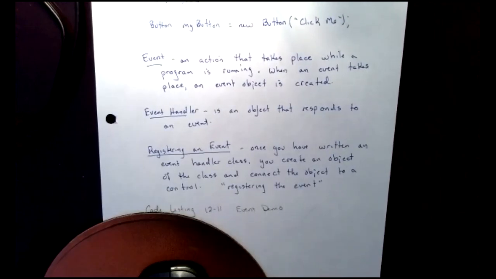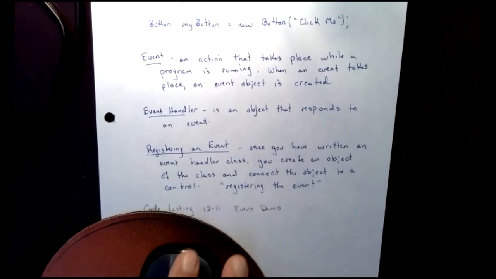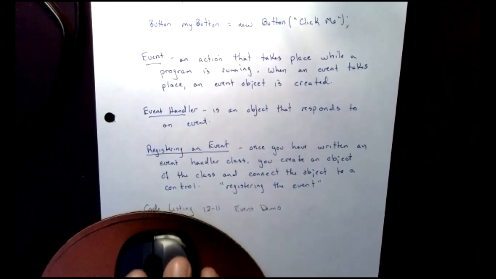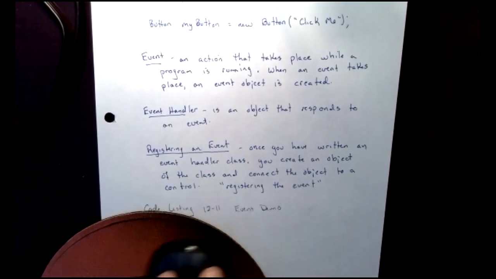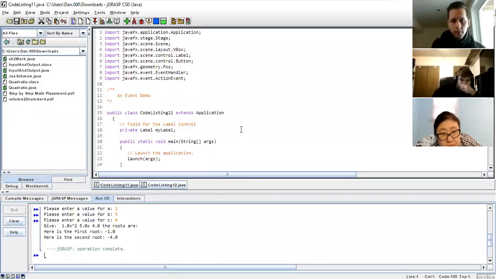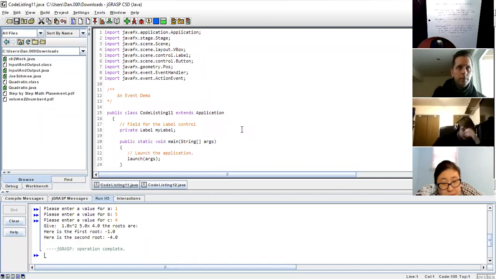Once you have the event written, you did this in your code listing 11, and let's see if we can pull that up and go to code listing 11, and we're going to start to take a look at some of the lines that are going on here. I don't know if I have the annotate.